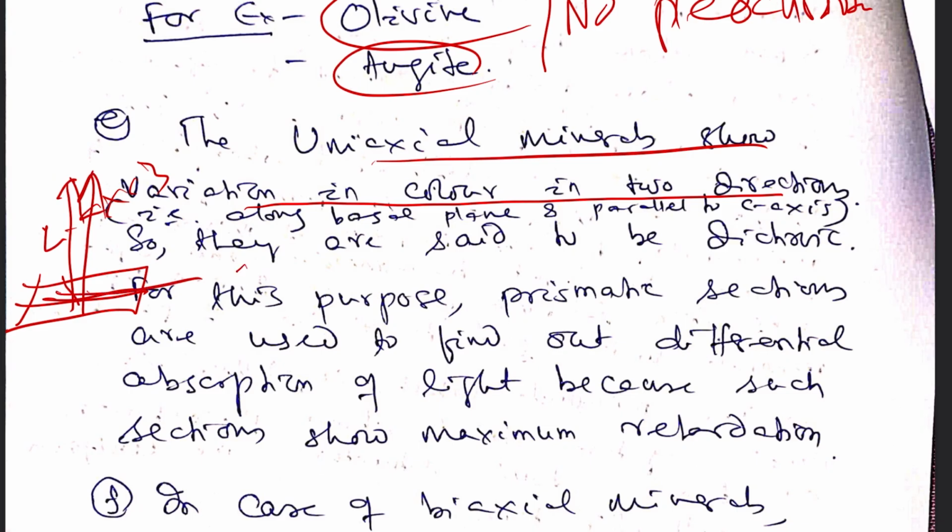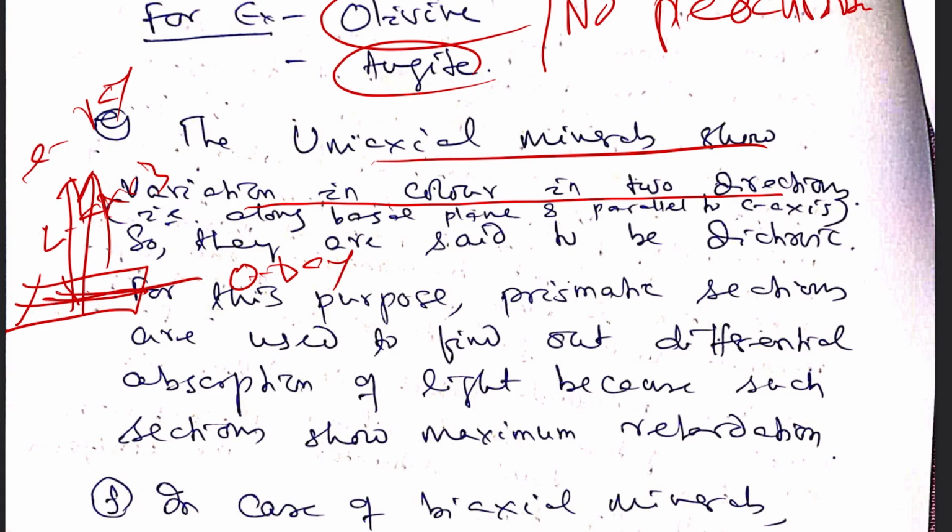This is the O ray vibration direction, and this is the E ray vibration direction, parallel to the C-axis. So these are the two directions along which the light vibrates.